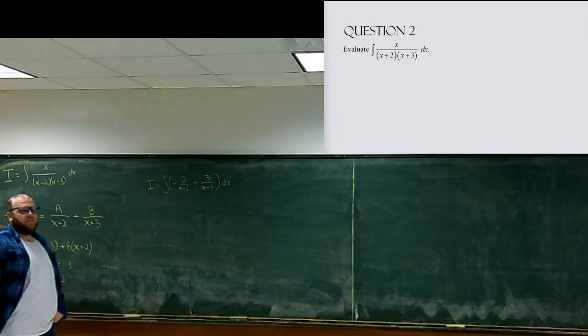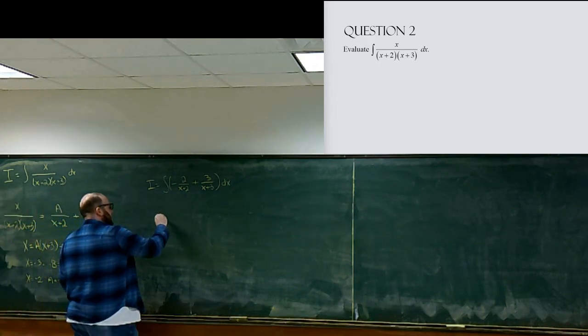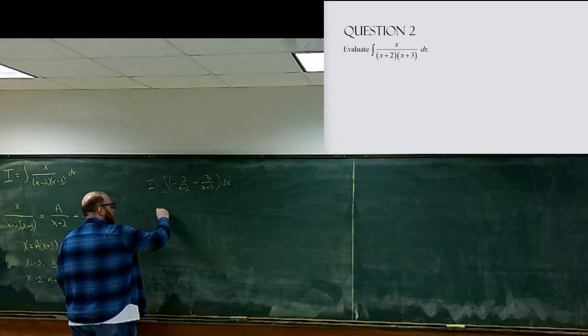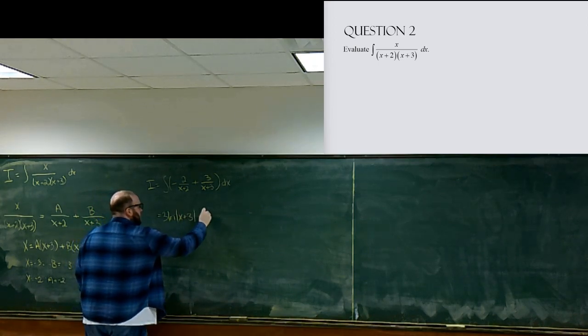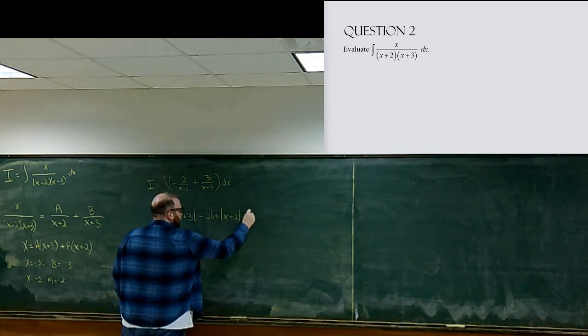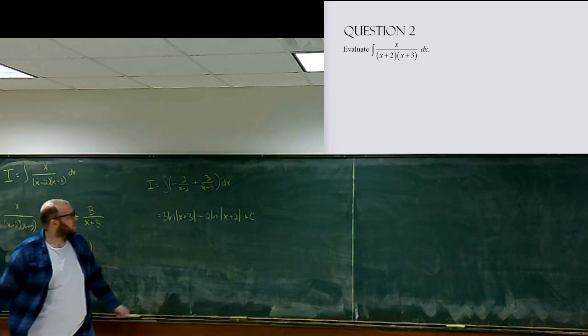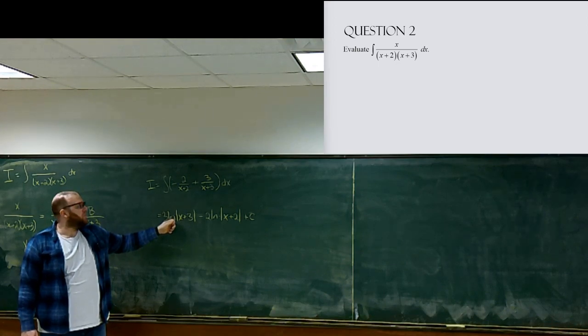So that is what we're trying to find the antiderivative of. That antiderivative is 3 log of absolute x plus 3.